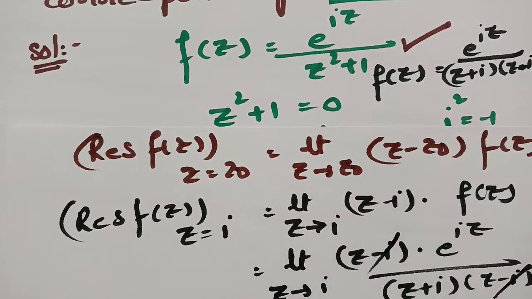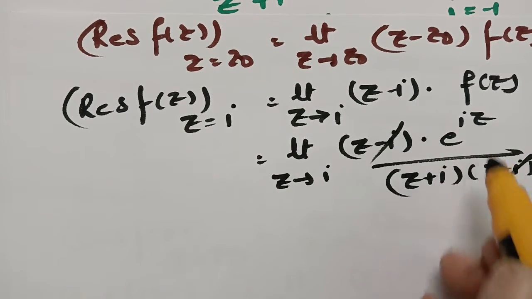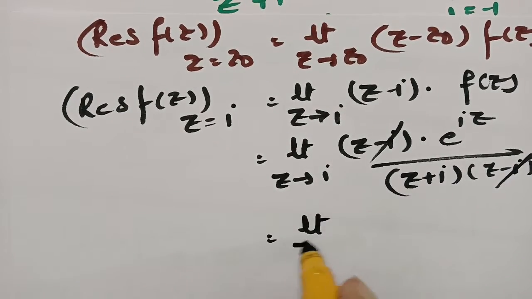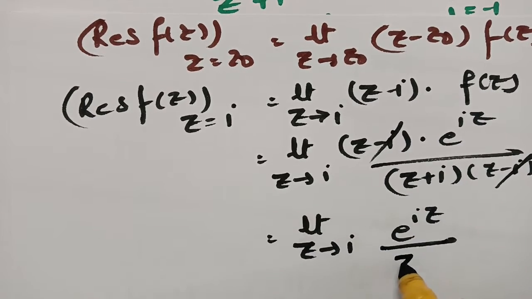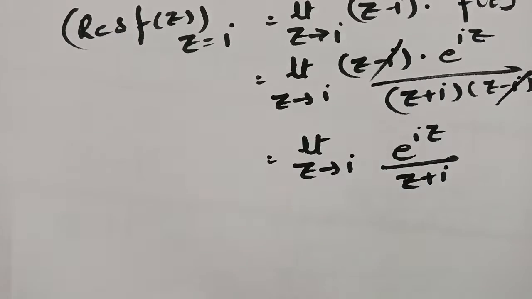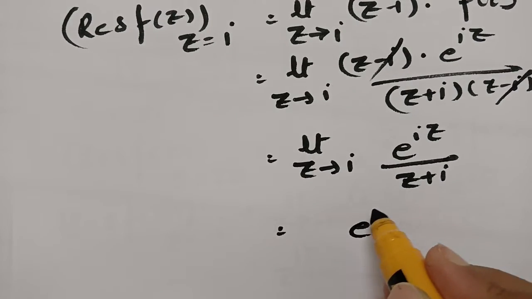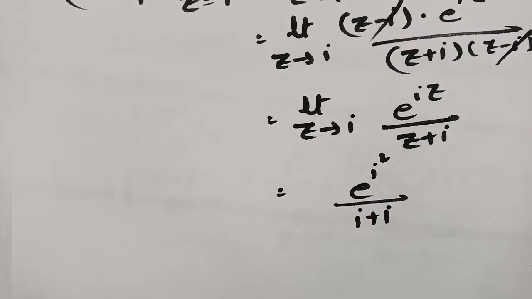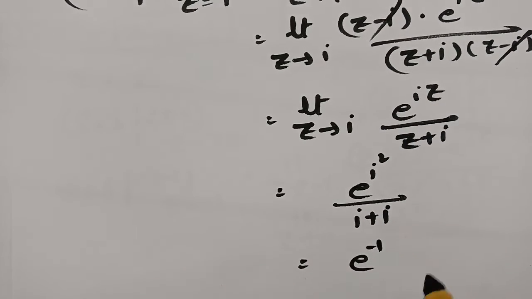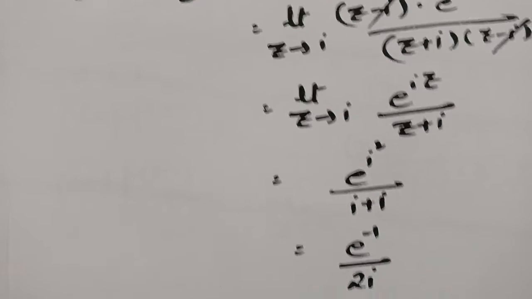So I can cancel this one. And now I have to substitute i in place of z, that is e power iz by z plus i. So if I substitute this, this will be e power i square by i plus i. So this value is nothing but e power i square by 2i.